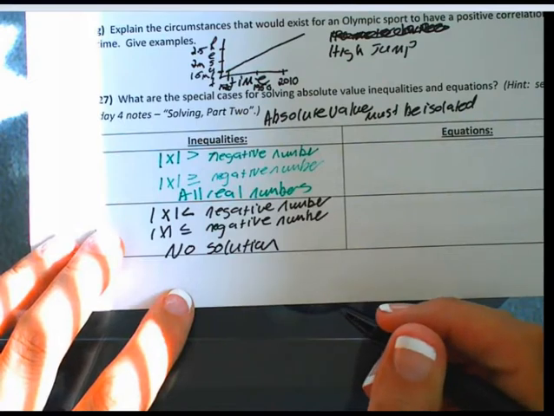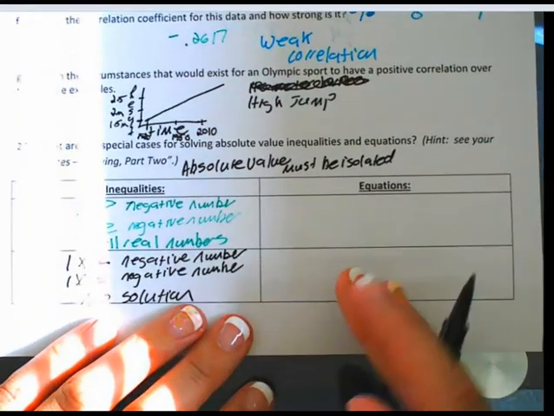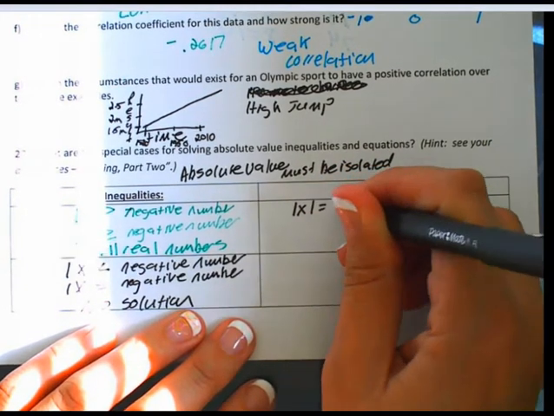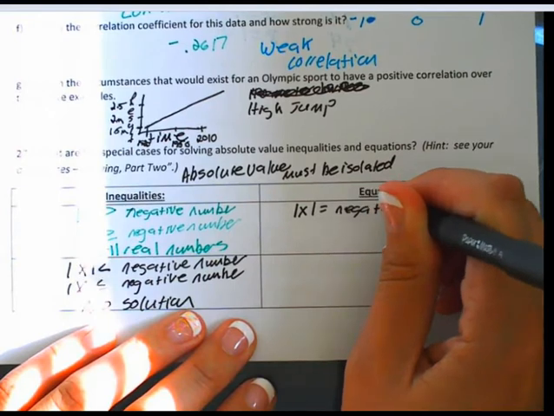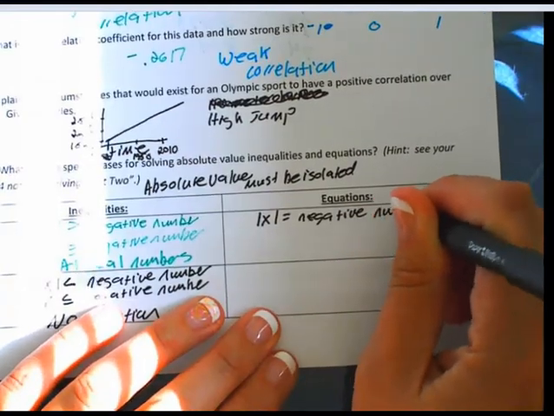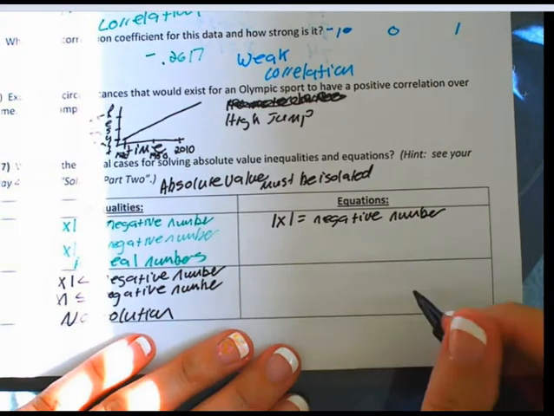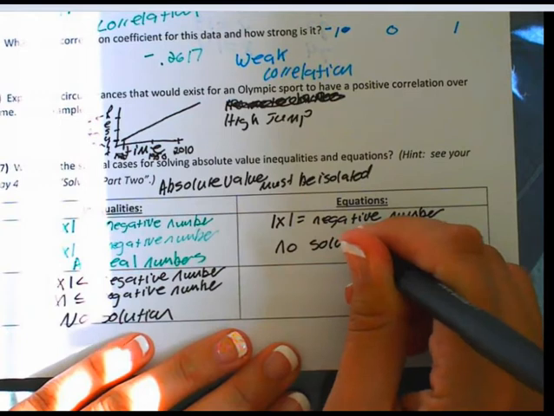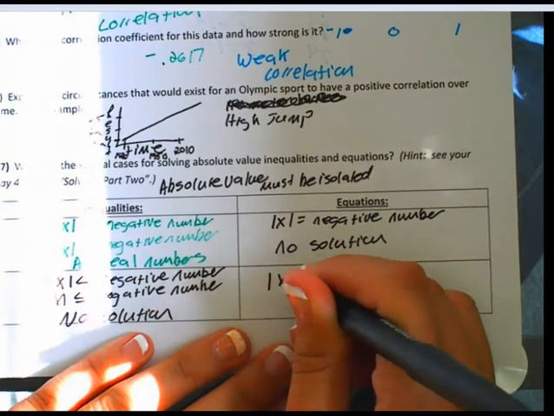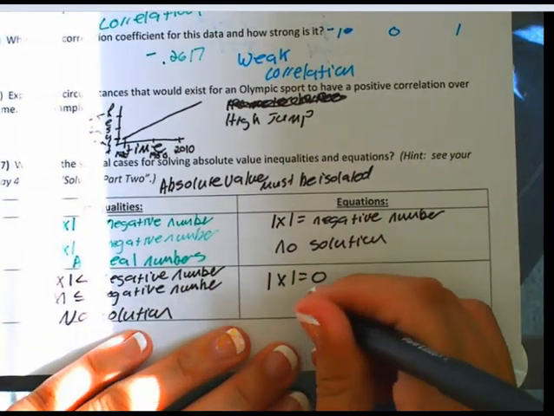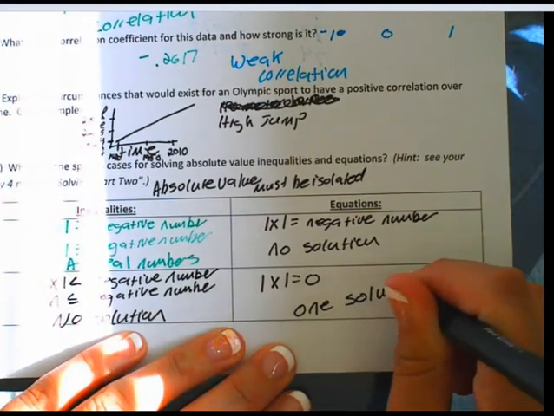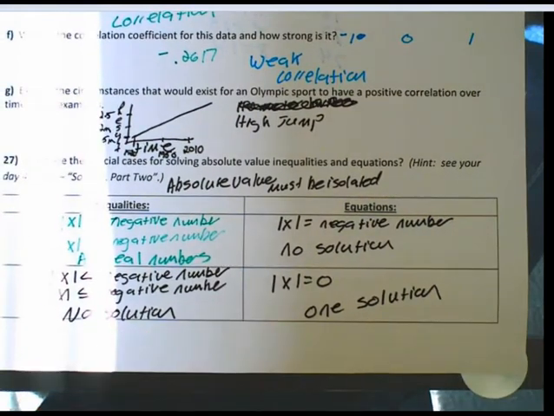Okay, that's for our inequalities, and then our special cases for our equalities. Absolute value is equal to a negative number, which we know that that's not possible, so equal to a negative number means no solution. And then when you have an absolute value or expression equal to 0, you only have one solution. Okay, and we'll look at examples of those in just a second. So you want to watch out for those examples.